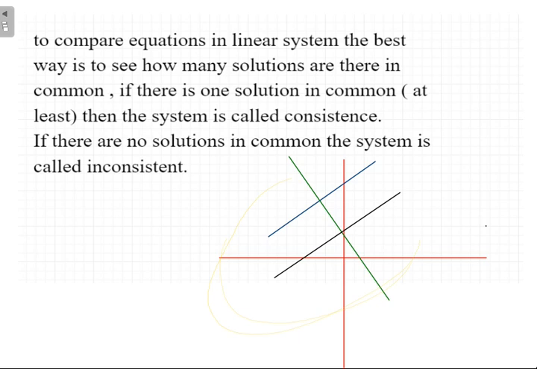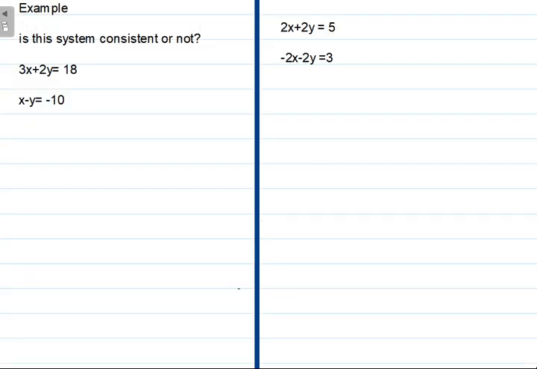So let's see some examples. Is this system consistent or not? Here is a system of linear equations: 3x plus 2y equals 18, x minus y equals minus 10. I need to represent these equations on the xy axis.